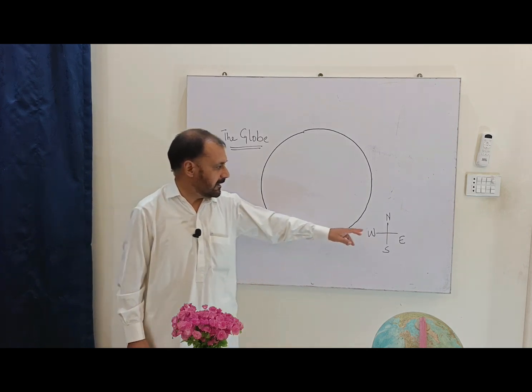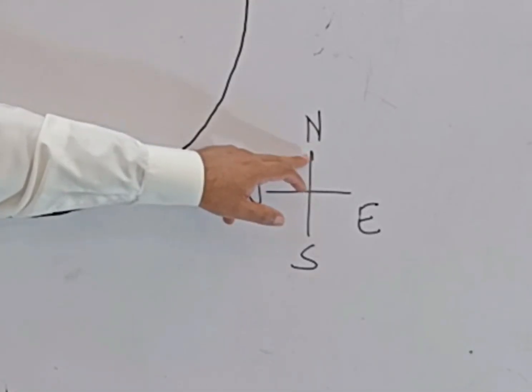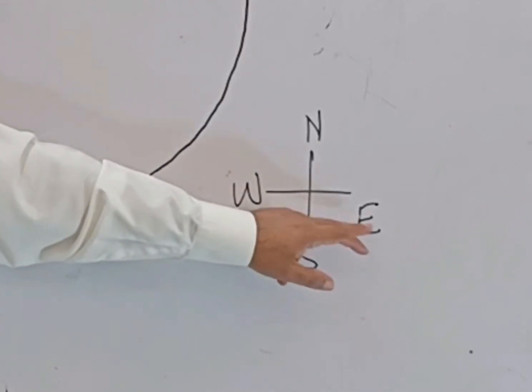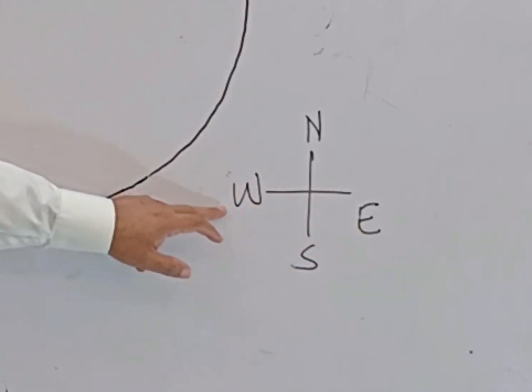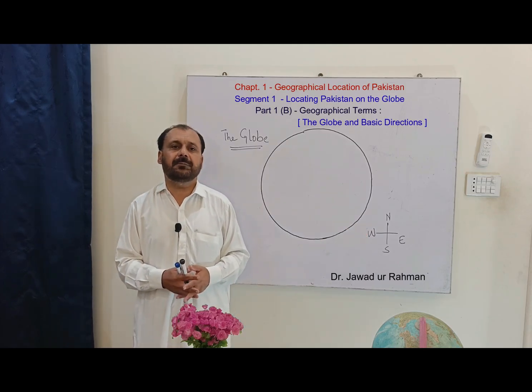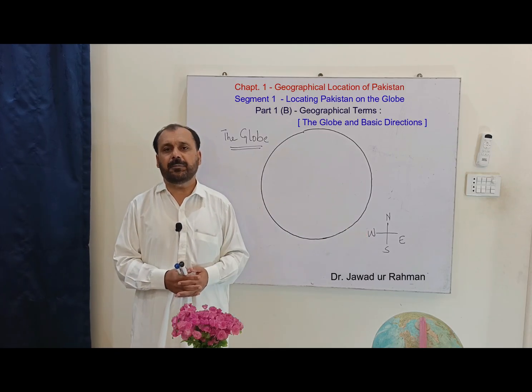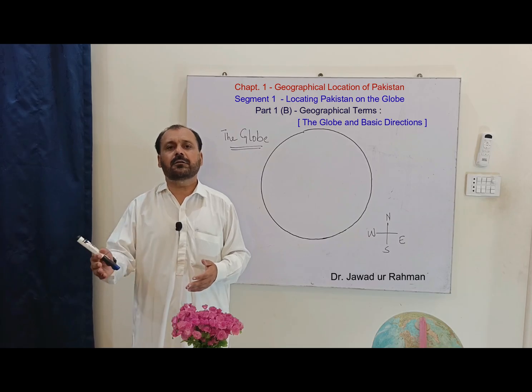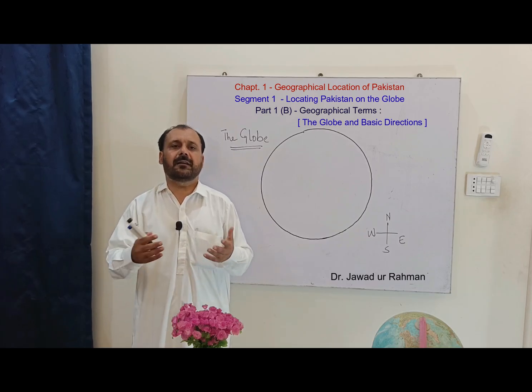Look at the board. North at the top, south at the bottom, east to the right, and west to the left. These four directions help us describe the relative location of places. For example, we can say that one country is located to the north, south, east, or west of another country.